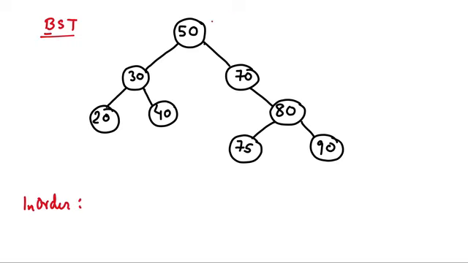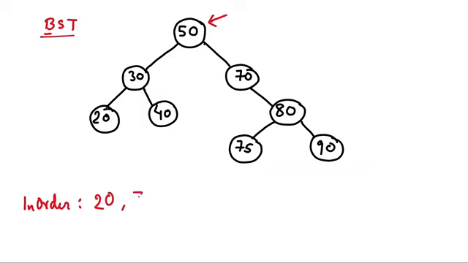So if we call this function on root, it will call recursively on this left subtree, and this 30 will in turn call for 20. So 20 will have no left or right subtree, so it will then print the current value, that is 20, and it will return back to calling function 30.